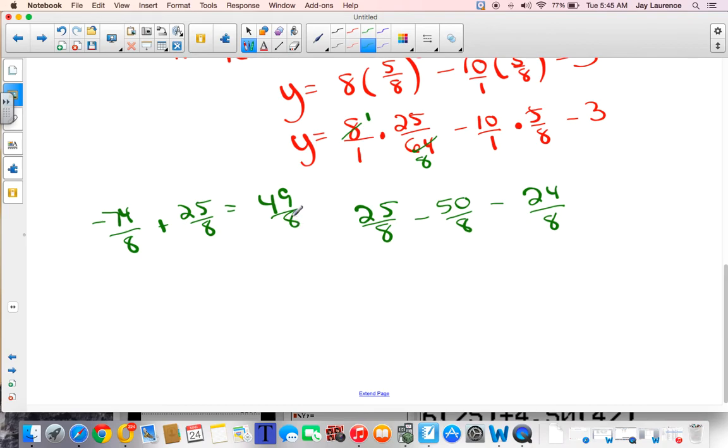All right. How many times does 8 go in there? Well, it's going to go in 6 times. My mistake. 8's going into 49 6 times. 6 times 8 is 48, so it's going to be 6 with 1 left over. So my vertex is going to occur at 5/8, 6 1/8.